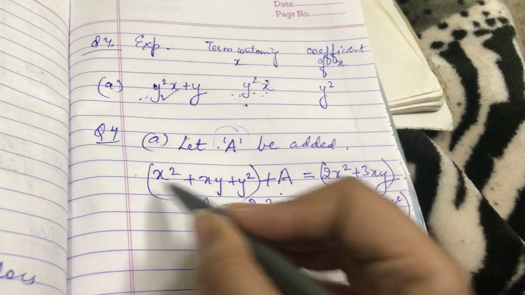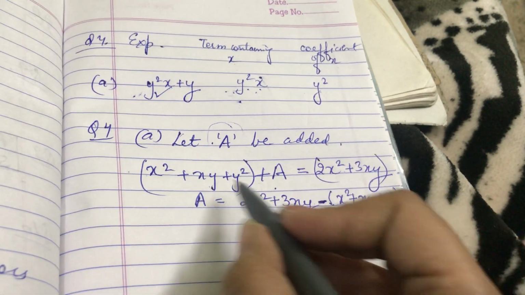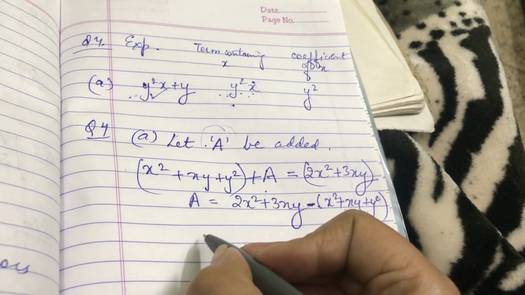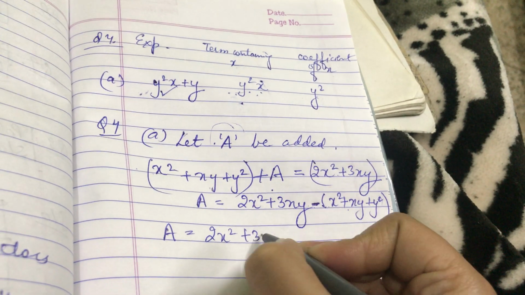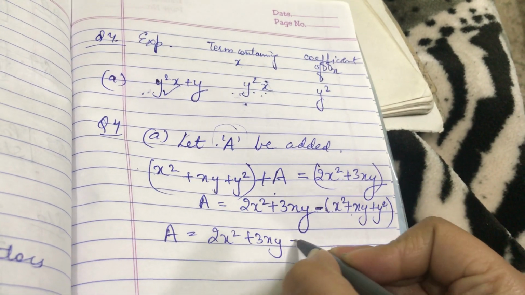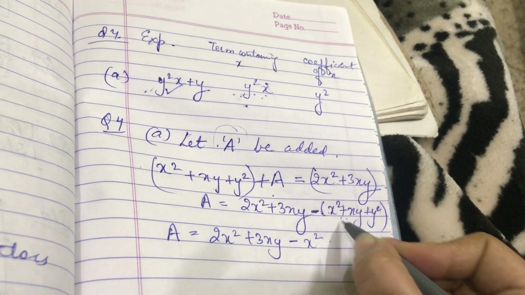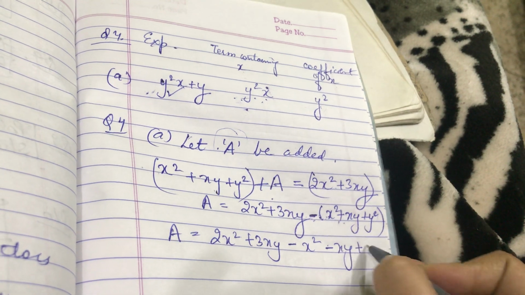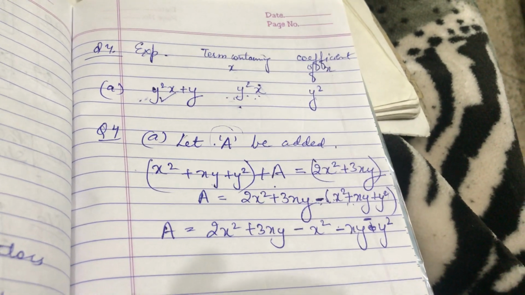The whole expression, I have changed its sign from plus to minus. So inside the bracket I am not going to change right now, but when I open the bracket, then I will change. A is equal to 2x square plus 3xy, now minus, as the sign is changing. Plus will become minus because that minus sign is multiplying with each of these terms.